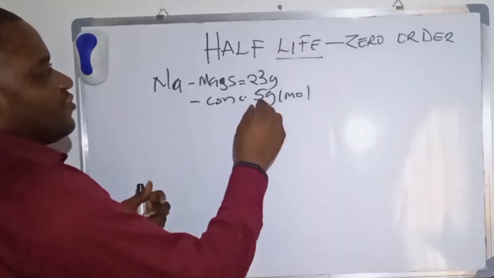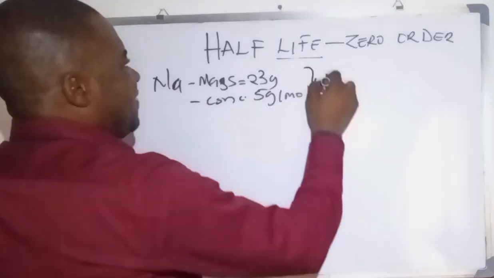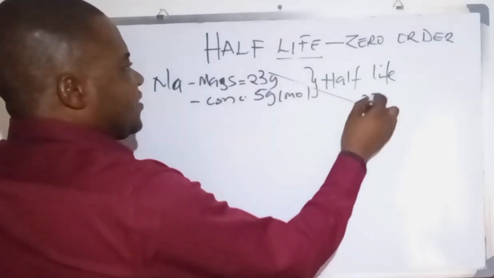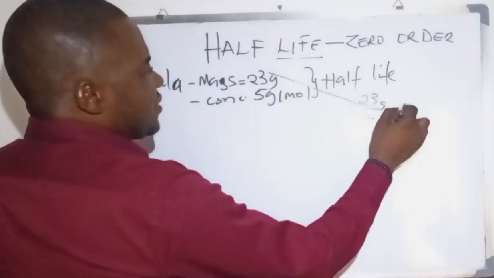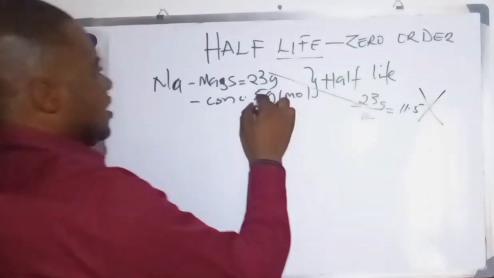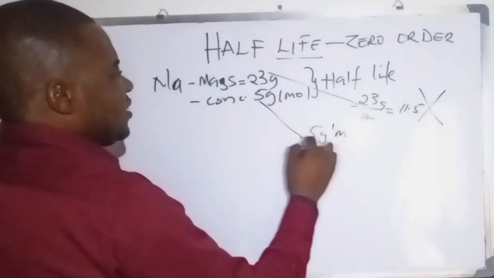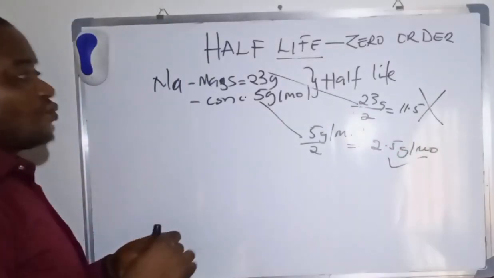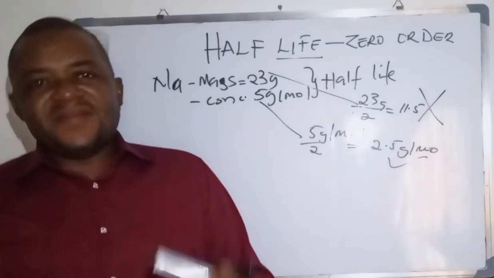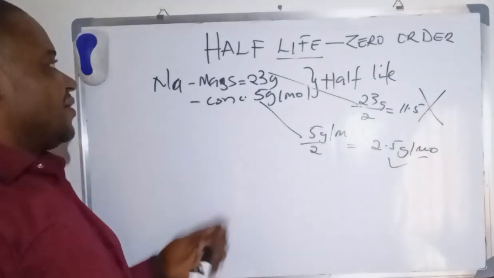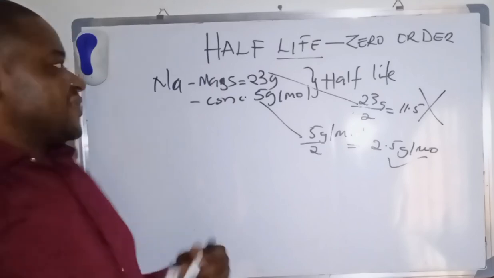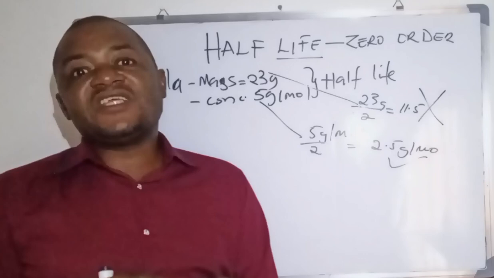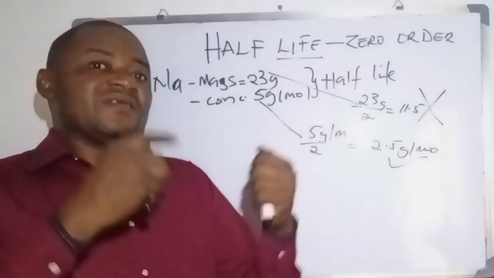We say the concentration is divided by 2. So using 23 divided by 2 to give 11.5 is wrong. It is rather 5 grams per mole divided by 2 that gives us 2.5 grams per mole. That is correct. So this is what half-life means: the possibility of the concentration of a particular reactant to reduce to half its original concentration and not original size.